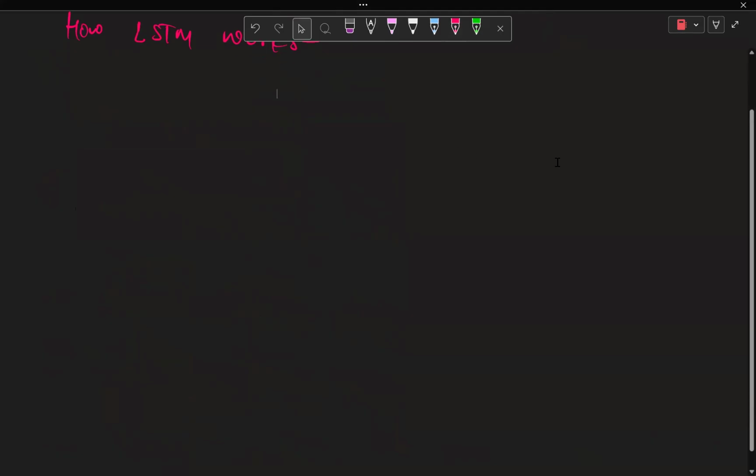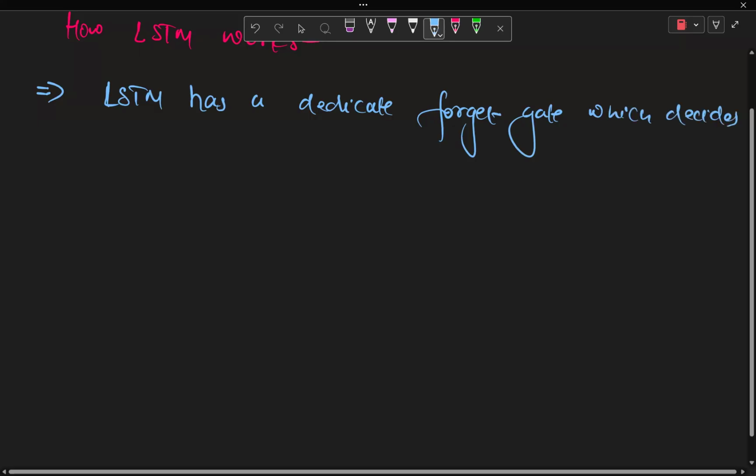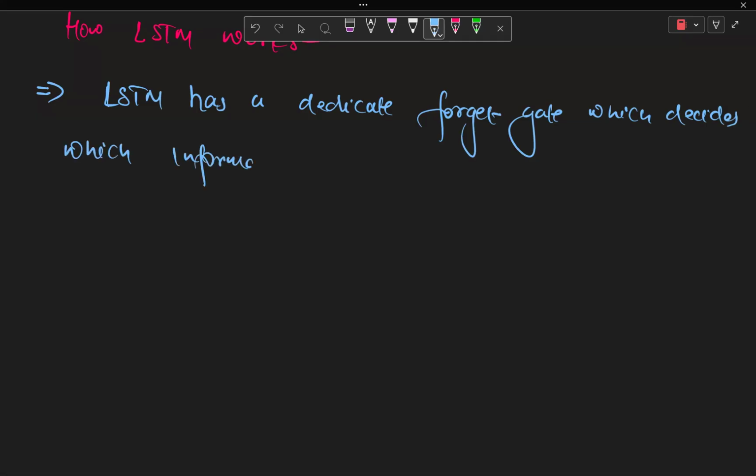If I draw it here, LSTM has a dedicated forget gate which decides which information needs to be stored or needs to be deleted.